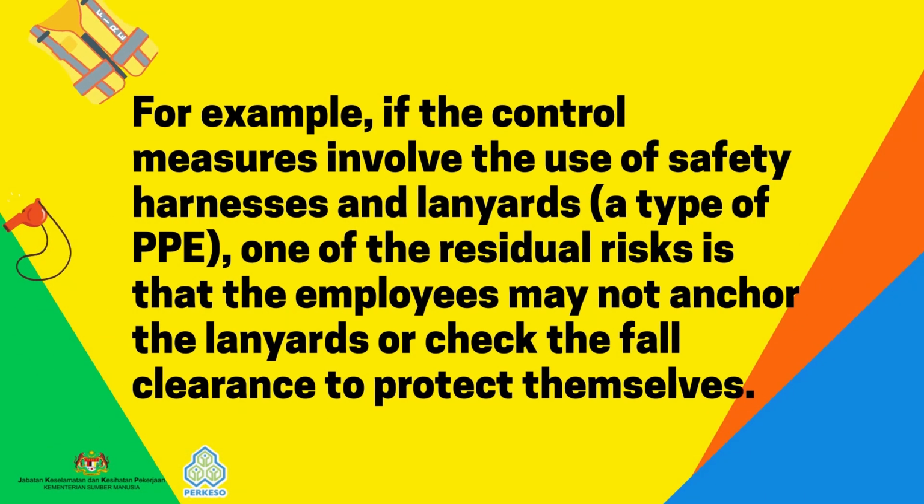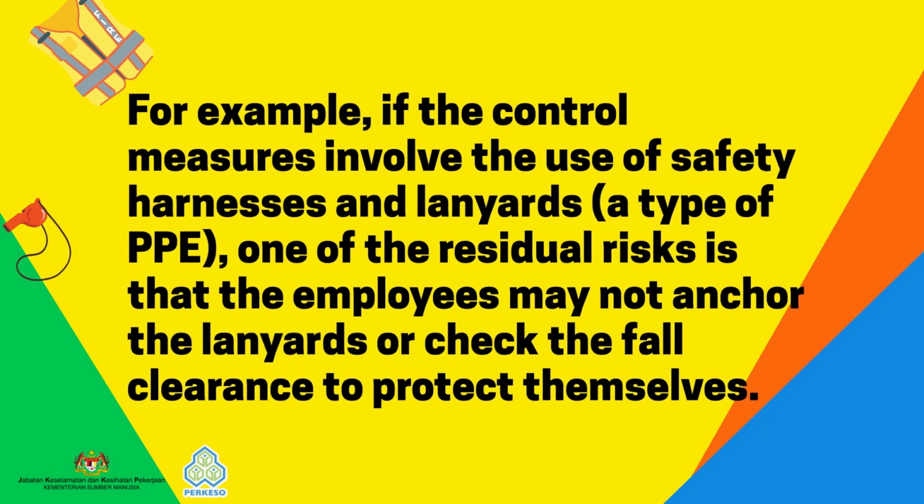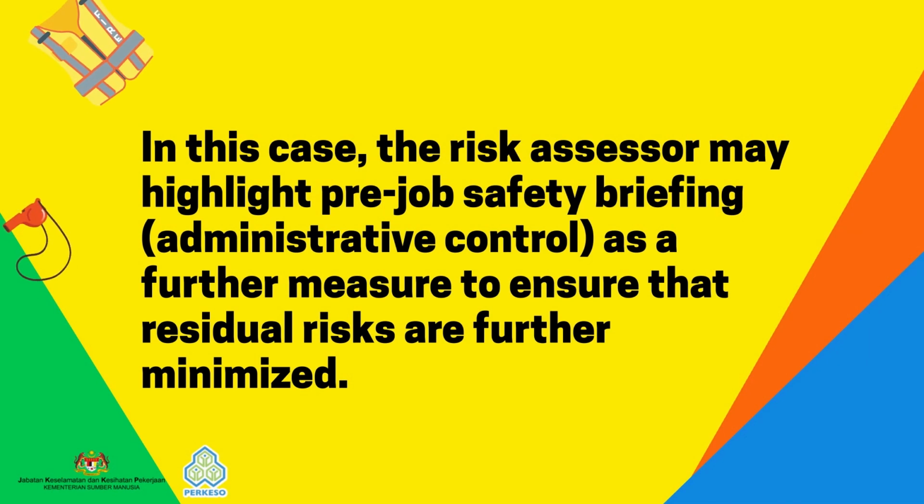For example, if the control measures involve the use of safety harnesses and lanyards, a type of PPE, one of the residual risks is that the employees may not anchor the lanyards or check the fall clearance to protect themselves. In this case, the risk assessor may highlight pre-job safety briefing, an administrative control, as a further measure to ensure that residual risks are further minimized.